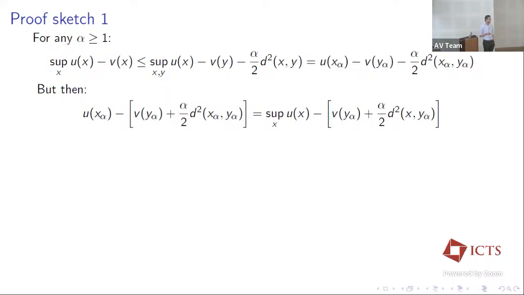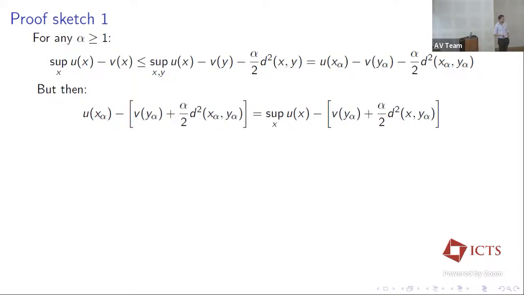So this you can derive from that via 2 straightforward inequalities. But if you look at this object, you see what is happening. I have a point x alpha where u minus this object is maximal.